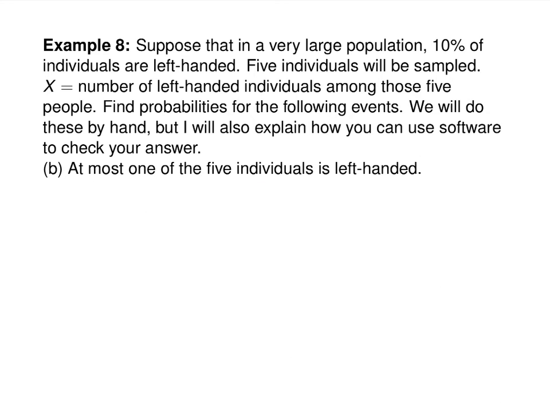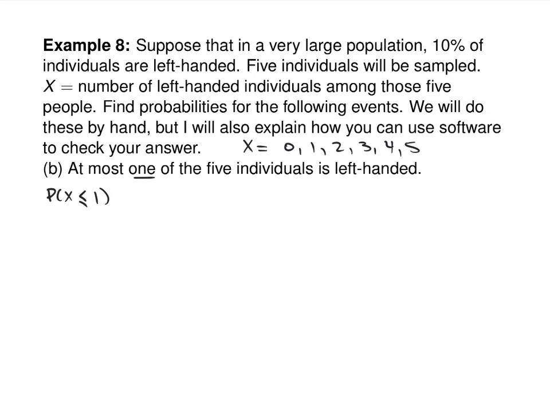So at most, one of the 5 individuals is left-handed. So that means 1 is the most number of lefties we can have. This is the probability that x is less than or equal to 1. And you have to think, well, x can equal 0, 1, 2, 3, 4, or 5 left-handed people in your sample.